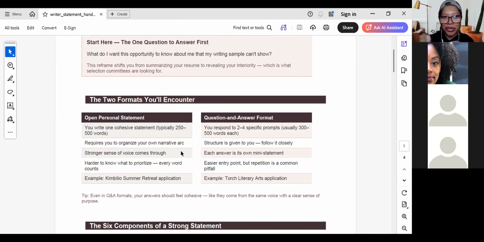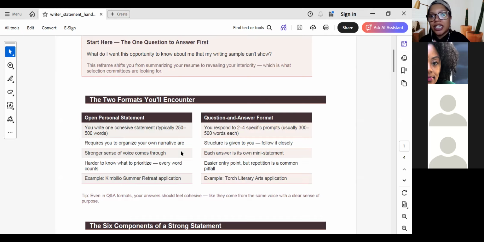Anywhere between 250 to 500 words. So you're trying to figure out how to put it all in the space. For instance, the Cambilio Summer Retreat had an open artist statement, somewhere between 200 and 500 words. Just tell us about you and why you want to be here.